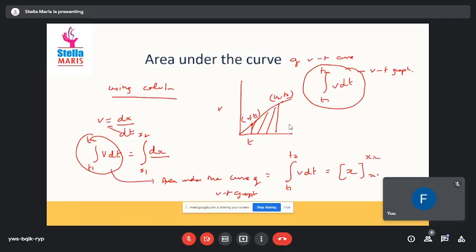So what happens? X2 minus x1. This is the area under the velocity time graph, which is nothing but del x. Del x is what?